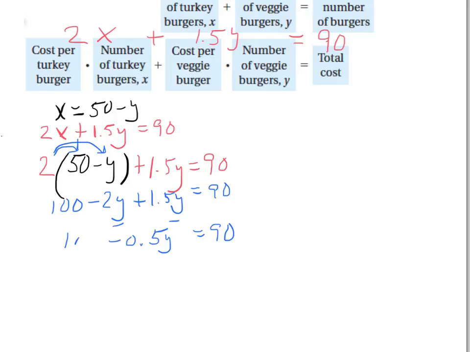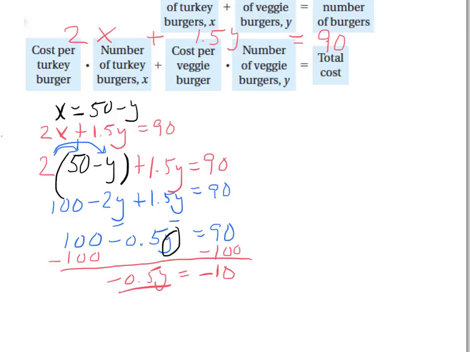And I have 100 over here. We are trying to solve for y. So the first thing I need to do is subtract 100. Again, the sign in front of that 100, we don't see it, but we know that it's a positive. When I do that, I get negative 0.5y equals negative 10.